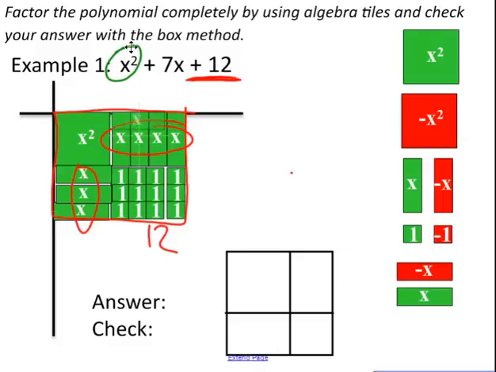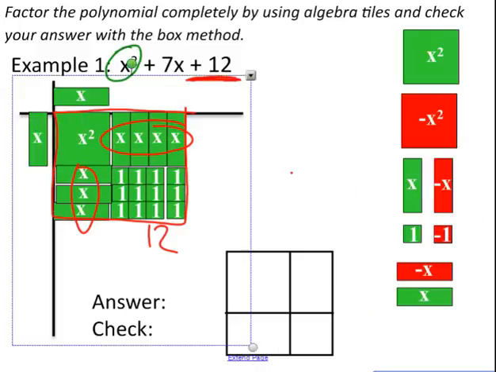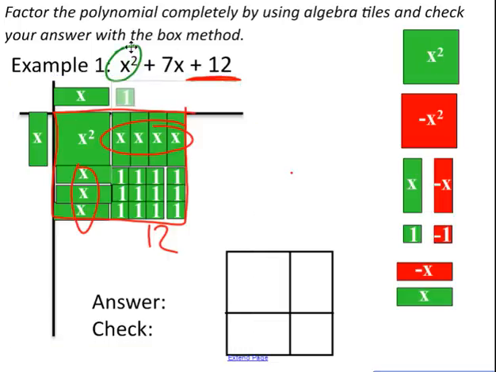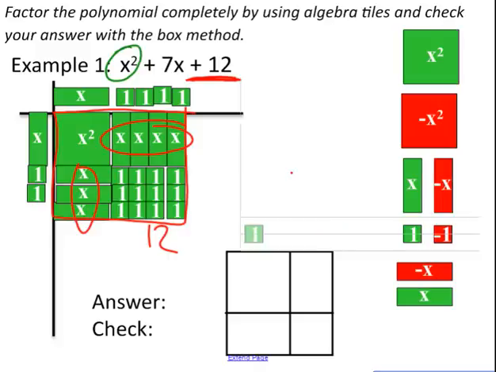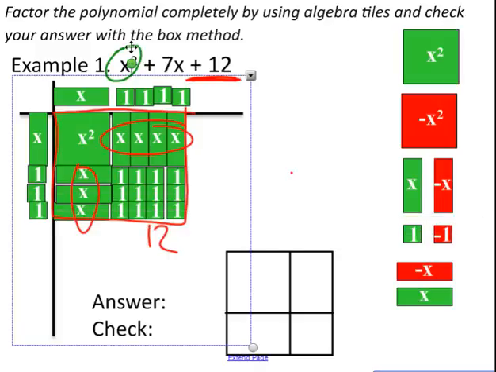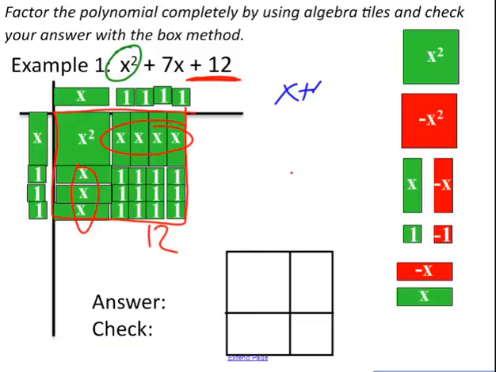So I've got 1x along the top, 1x along here, and then a bunch of individual units to match up on my different columns and rows. That's going to leave me with my final answer of x plus 4 along the top, and then over on this side, x plus 3.